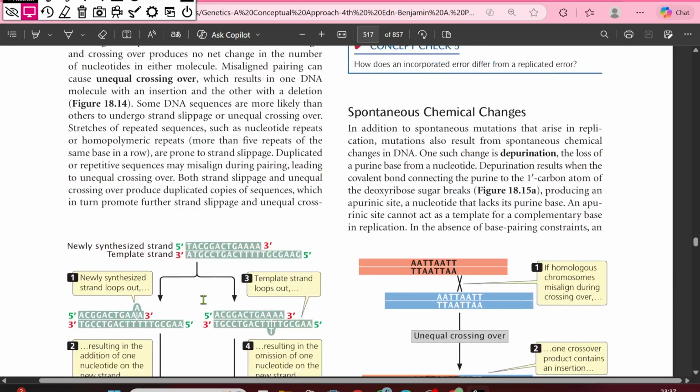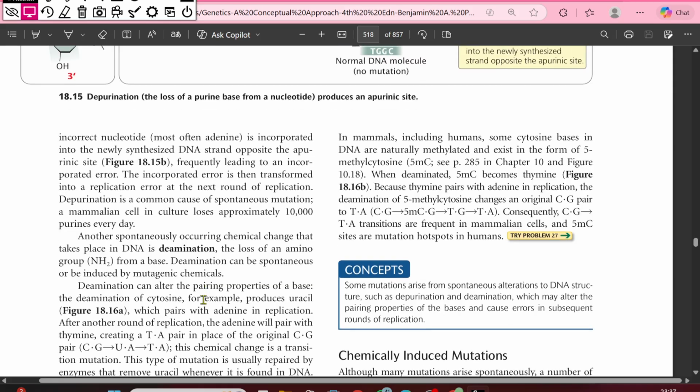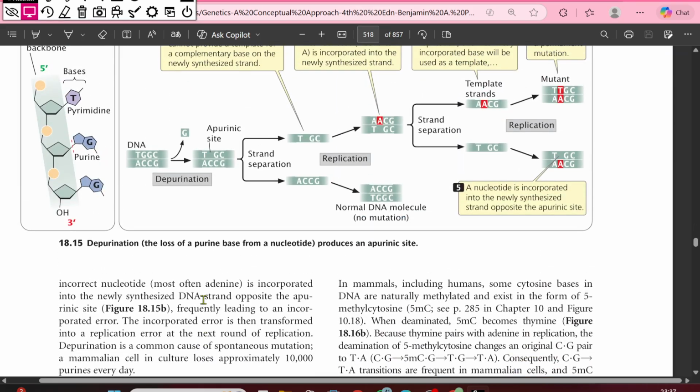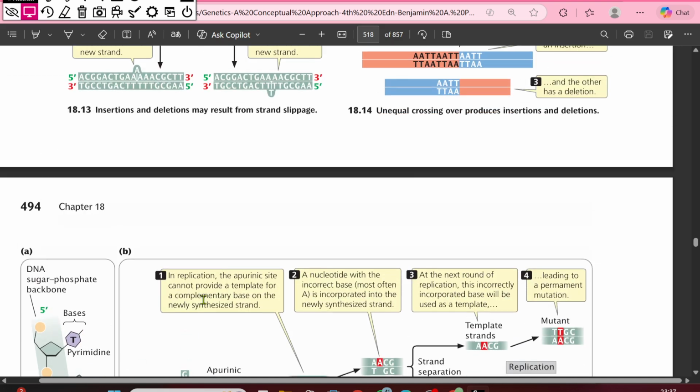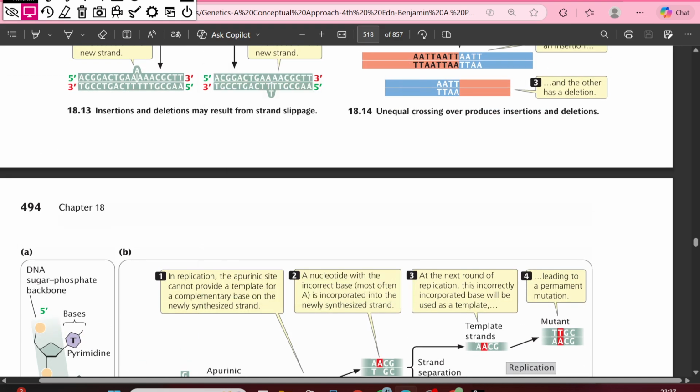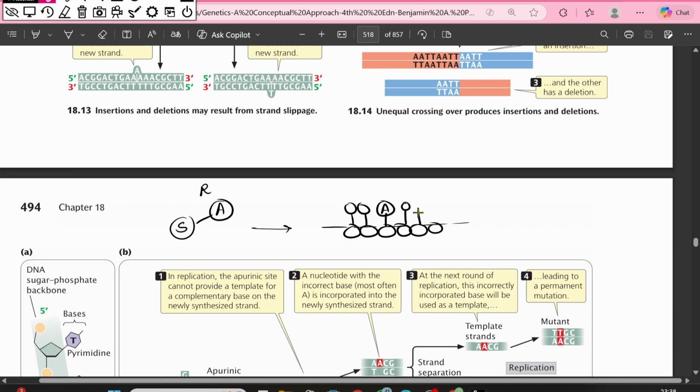Now there can even be some spontaneous chemical changes which can occur within these strands. What happens here generally, let's take an example. Let's say there is a ribose sugar here, and this sugar is attached to adenine, this adenine being a purine. In the sugar phosphate backbone, here is your sugar and here was your adenine, and here were the other nitrogenous bases.